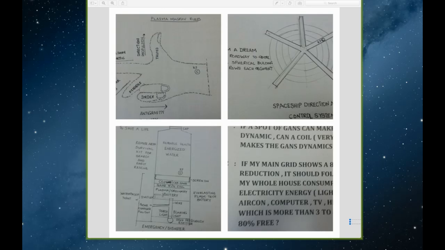So rather the GANs make the coil rather than the coil make the GANs? Yes. He says a spot of GANs can make a coil dynamic, from the Keshe workshop. So I'm asking, can a coil very small make the GANs dynamic?